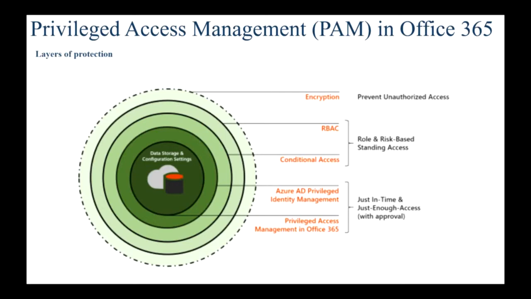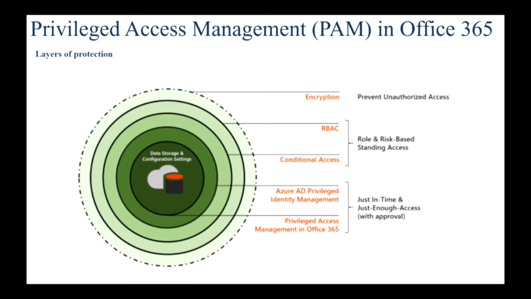Privileged access management, as you can see here on the picture from the slide, complements other data and access feature protections within the Office 365 security architecture. By enabling privileged access management as part of an integrated approach to security and protecting your organization, a layered security model can be used to maximize protection of sensitive information and Office 365 configuration settings.